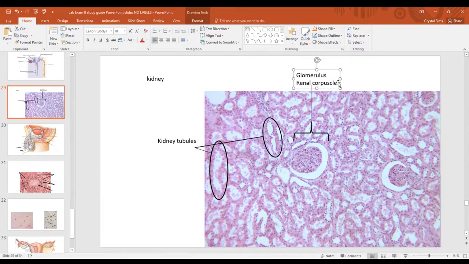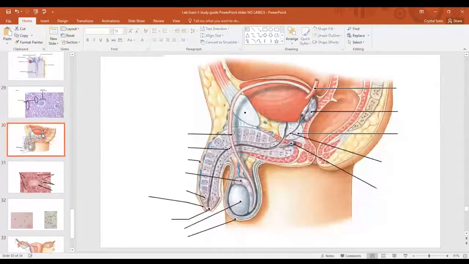Hopefully it works. Does everybody have the next slide? Yay. All right. So what is this? What organ am I looking at here? Yes, I am looking at the kidney.